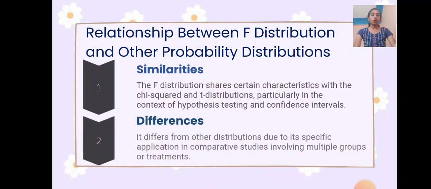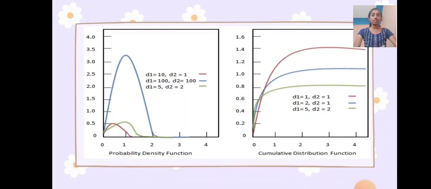It differs from other distribution due to its specific application in comparative studies involving multiple groups or treatments. And this is the graph of probability density function and cumulative distribution function. First graph shows probability density function and how it varies, and other one shows how cumulative distribution function works.